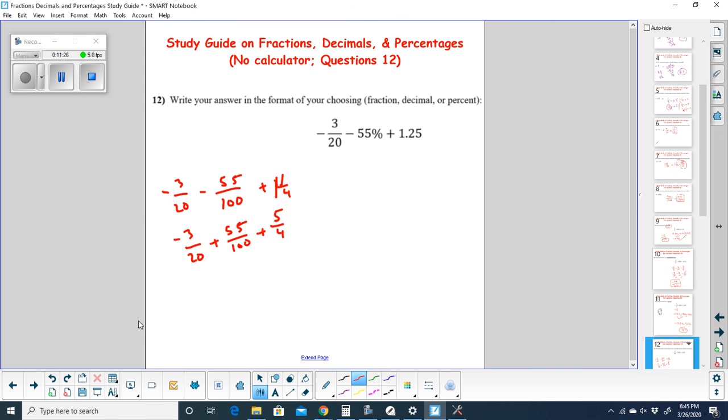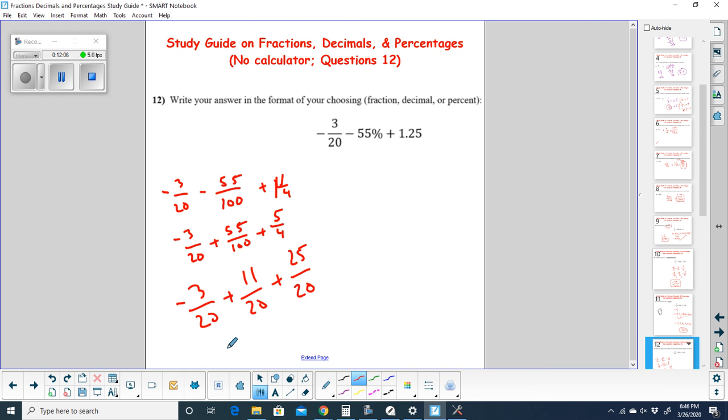Now, it's a little unusual because I have a number here. I actually know that the best common denominator, not the least, not the greatest, well, you never use the greatest common, the best denominator to use for all three of these is 20, because 5 goes into 100 20 times. So this is going to be negative 3 over 20 plus, divide these both by 5, 11 over 20 plus, 20 is a common denominator here, times 5, so that's 25 over 20.